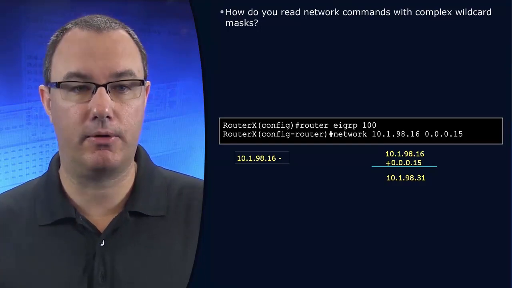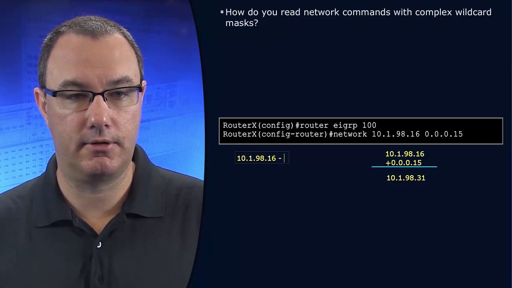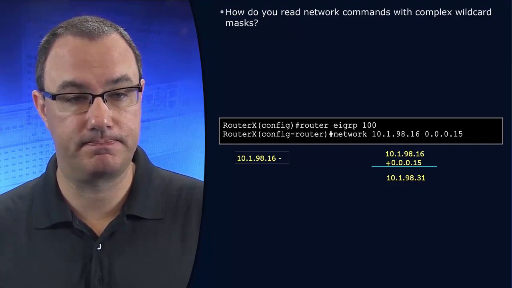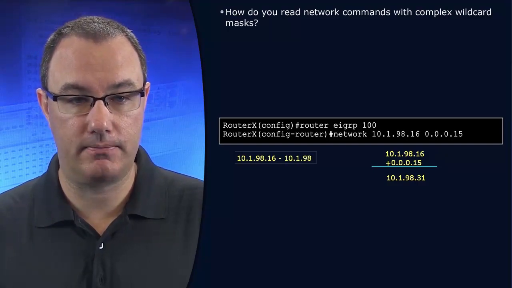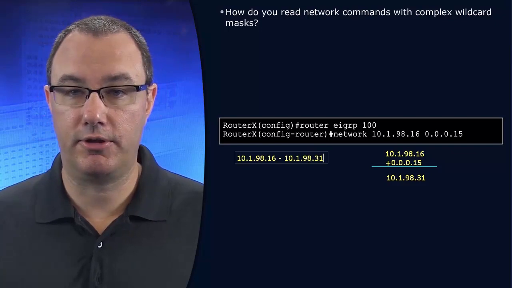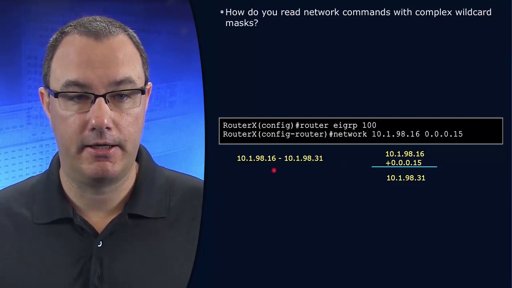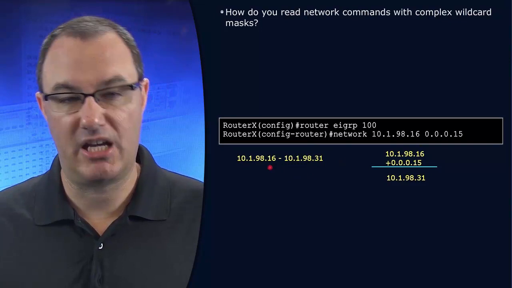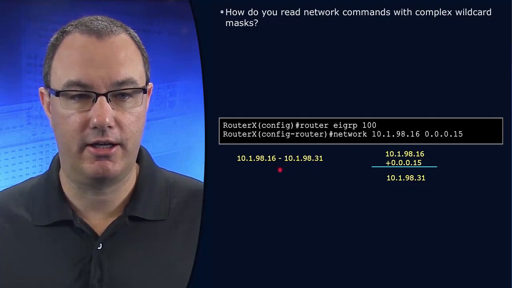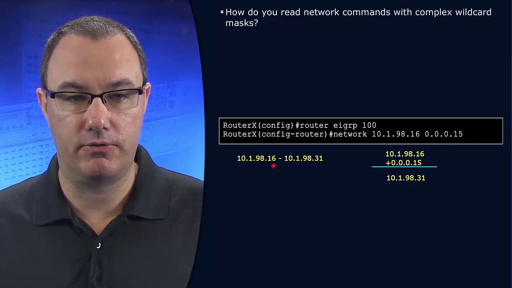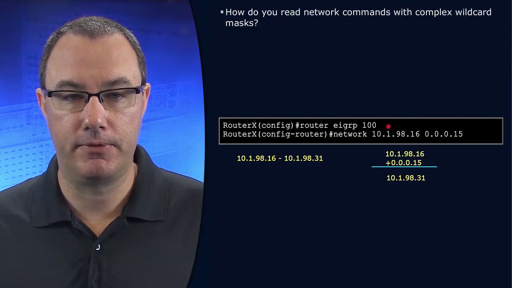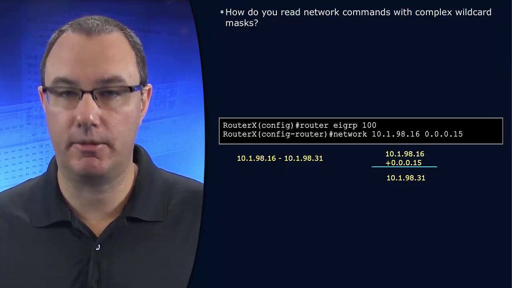Anything one less than a power of 2, all the way up to 255. So I'll write this out. And so the interpretation of this would be any interface with that first 3 octets within the range of 16 through 31 would have EIGRP applied to it.